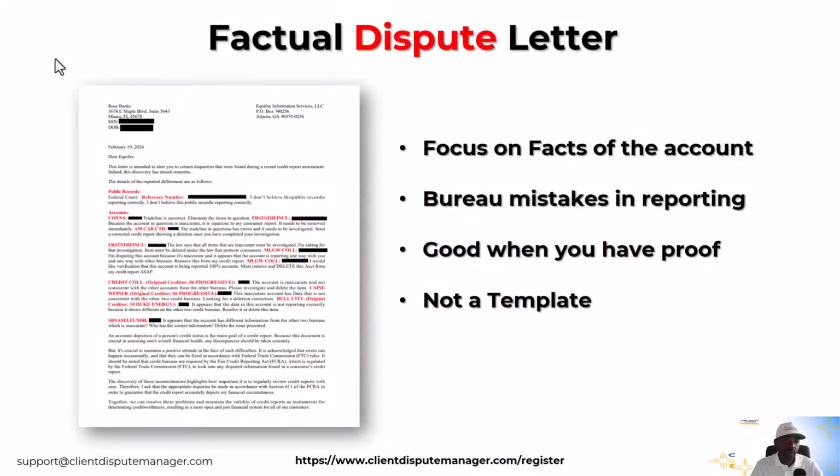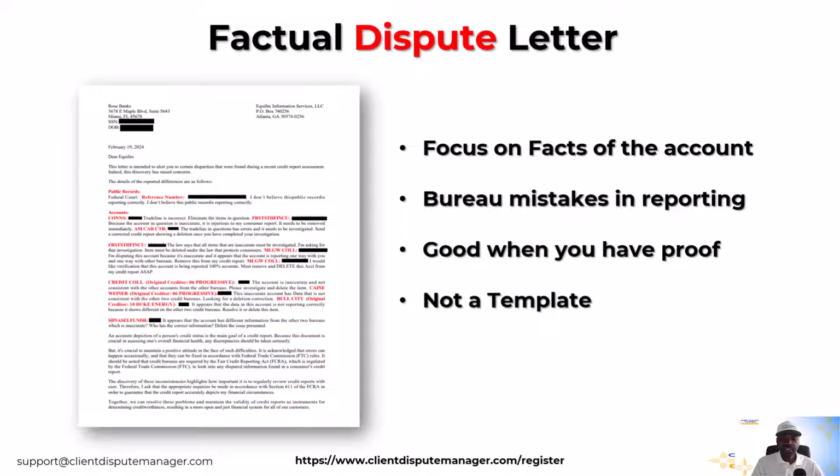The first letter we're going to discuss is the factual dispute letter. One of the reasons why I like the factual dispute letter is because this letter is based solely on facts. So when you are sending out a factual dispute letter, you want to focus on the facts of the account itself. It also looks at the mistakes that bureaus can make when reporting an inaccurate account on a credit report.